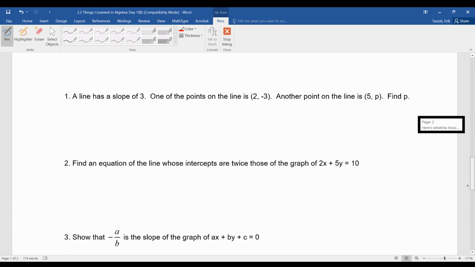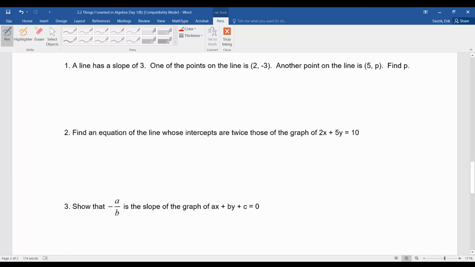Okay, so here's some problems on the back. Maybe I'll end up doing all these, I don't know. A line has a slope of 3. A lot of times people go to the equation of a line, but here I would just use the slope formula. So here's 2 points. There's 1 point, there's the other.